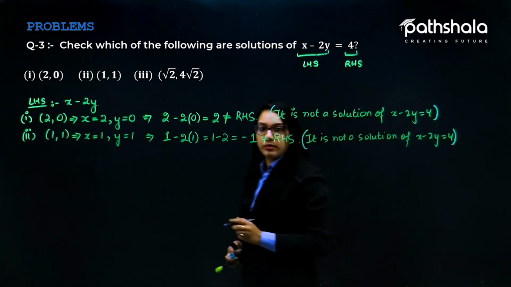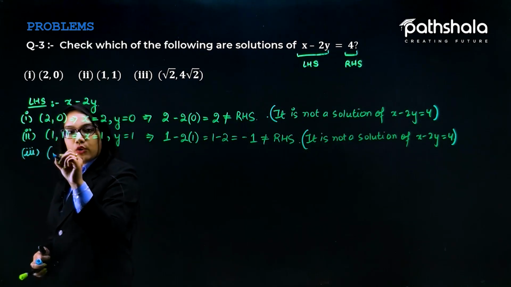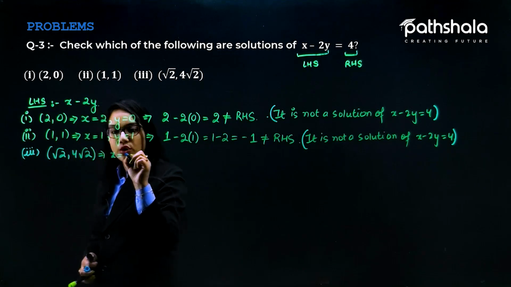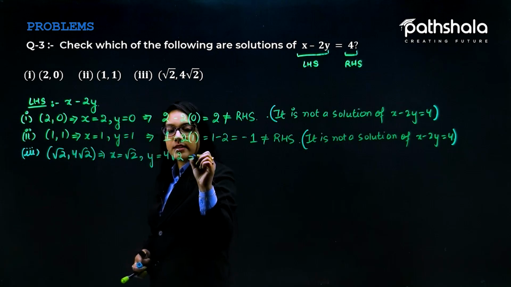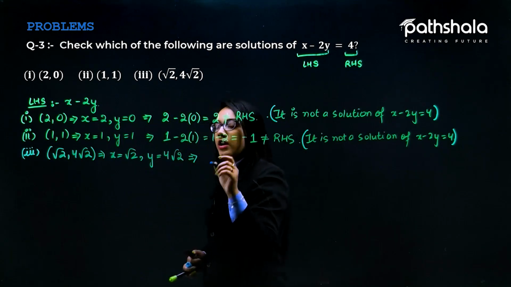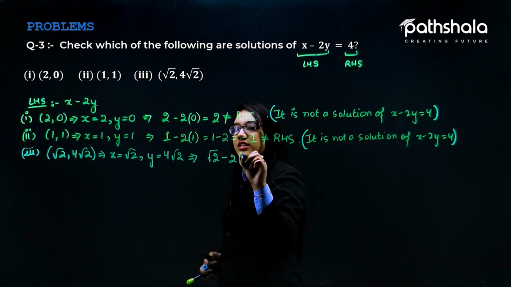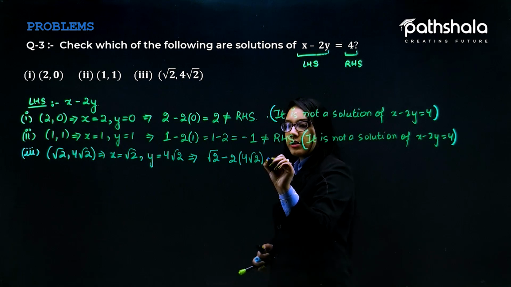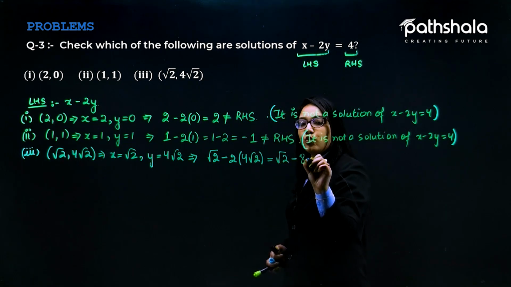Let's talk about the third part. The third part is root 2 comma 4 root 2, meaning x is root 2 and y is 4 root 2. Let's substitute both of these values. X is root 2 minus 2 times y, which is 4 root 2. So let's sort it out. This will be root 2 minus 4 into 2, which is 8 root 2.